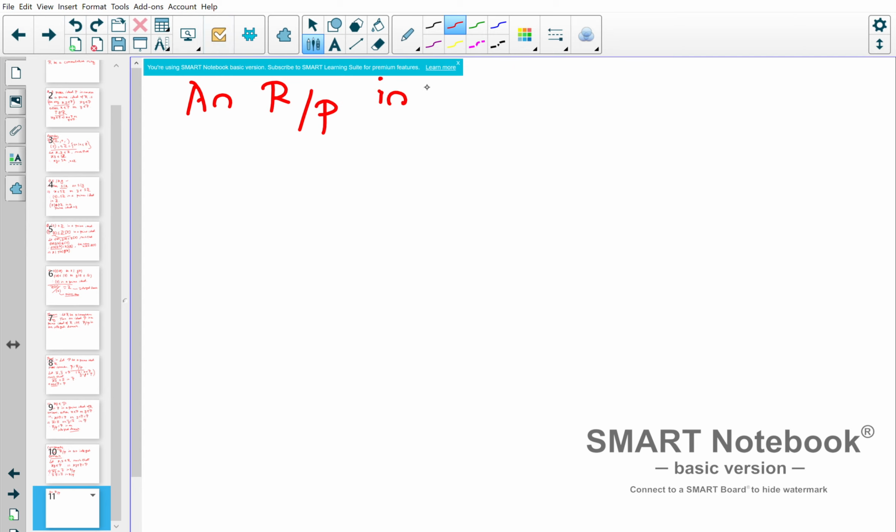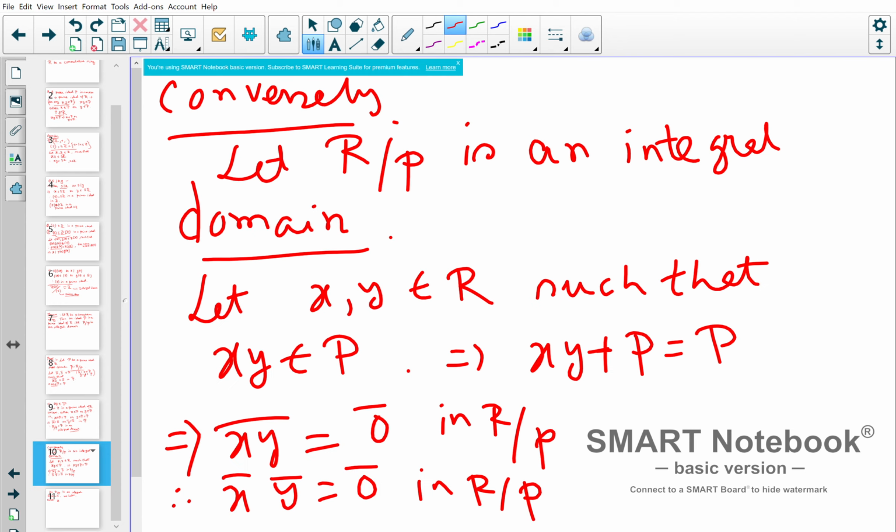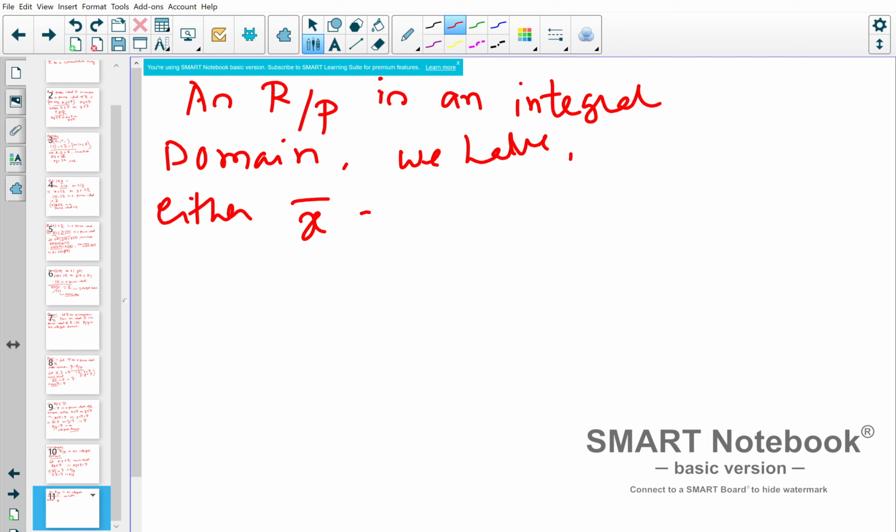We have either x bar equal to 0 bar or y bar equal to 0 bar in R mod p, right?